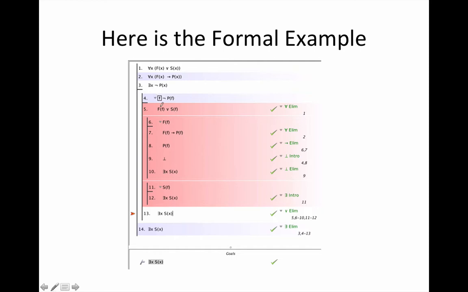The next move is to start peeling off the quantifiers, that is, to eliminate the quantifiers starting at line 1. Why starting at line 1? Well, I know that line 1 involves a disjunction, and I know that whenever I have a disjunction, I'm going to set up disjunction elimination. I also know that in order to break apart the conditional, I'm going to need to, as with line 1, first pull off the quantifier and instantiate the variable.